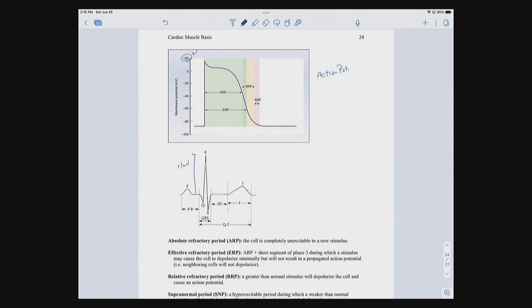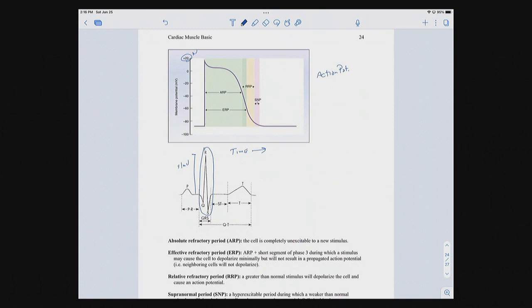Okay, so these two are not scaled together in terms of the y-axis, but I did have them scaled together in terms of the x-axis, so I wanted to match the timing up. Of course, time is moving in this direction here. So what you see here is the QRS complex. Again, it is in line with the beginning of the depolarization of the ventricles.